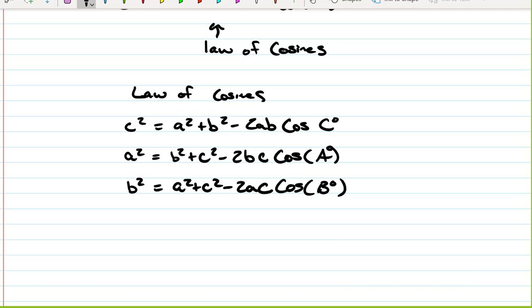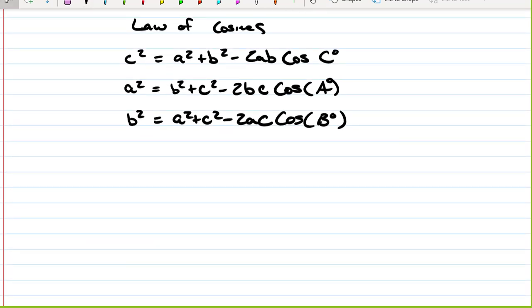So if side C is by itself, then it's the cosine of C. If it's side A that is isolated, and so forth. So the law of cosines comes in those 3 flavors, and we can pick whichever one will make our life easiest or will work for what we're trying to do. All right.